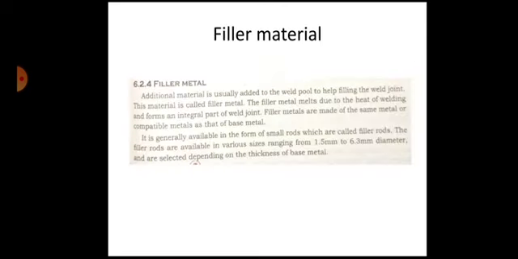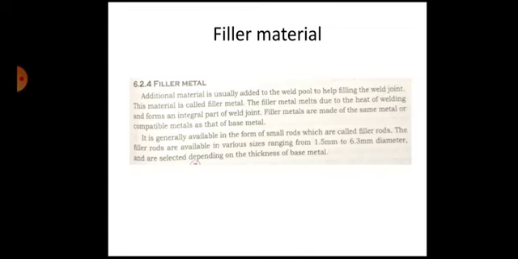Next, filler material. Filler materials are additional material that is usually added to the weld pool to help fill the weld joint. The filler material melts due to the heat of welding and forms an integral part of the weld joint. This is the main function of filler material.